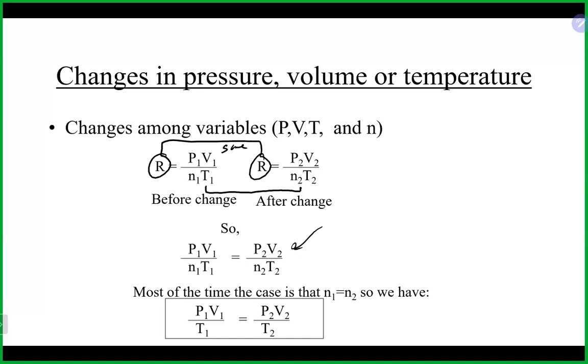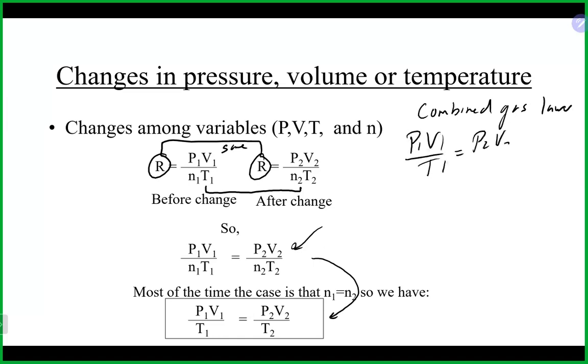In most cases, though, the moles don't change all that much, so a lot of times this will reduce down to this. This is sometimes referred to as the combined gas law. It really is from the ideal gas law, just putting everybody together once you solve for R. And that is P1 V1 over T1 equals P2 V2 over T2.